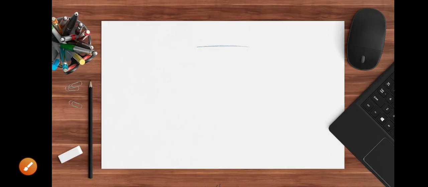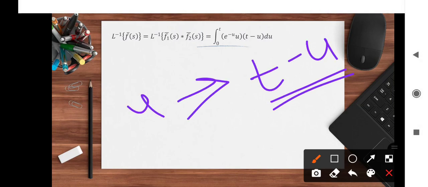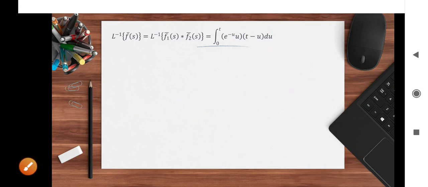So we get here the next step as e raised to minus u into u, which is your first function, and second function is u, it becomes t minus u with this variable. So here the second term is written as t minus u. Now you have to multiply these two brackets so as to get the integration split in two terms.